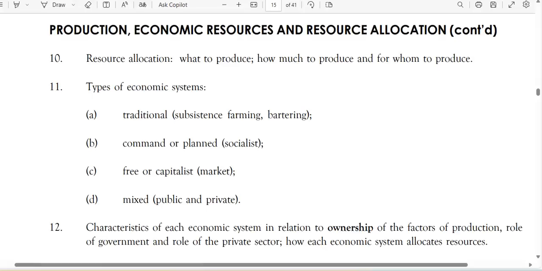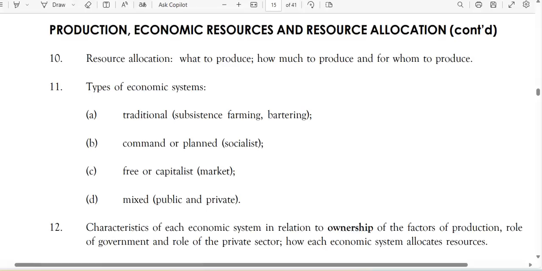All right, examples of command or planned economic system. Let's look at Cuba, especially from the 1960s onward. The state planned all production and provided free healthcare and education. Let's look at North Korea.